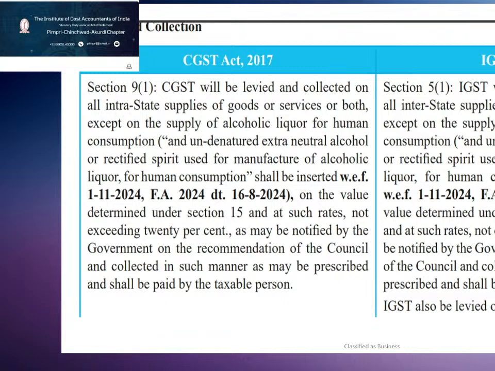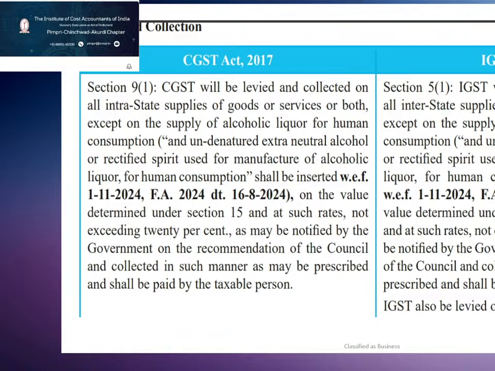So now we are into subsection 1. You can see parallelly what section has been defined. This is our final study material. You can see on the left side the subsection and the section is 9 subsection 1 CGST Act 2017.